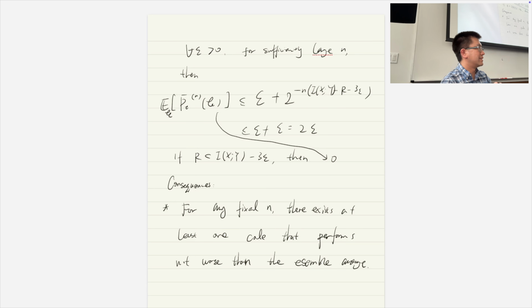It means that there exists at least one code book such that the error of that code book will go to 0. Is that clear? Okay, great.